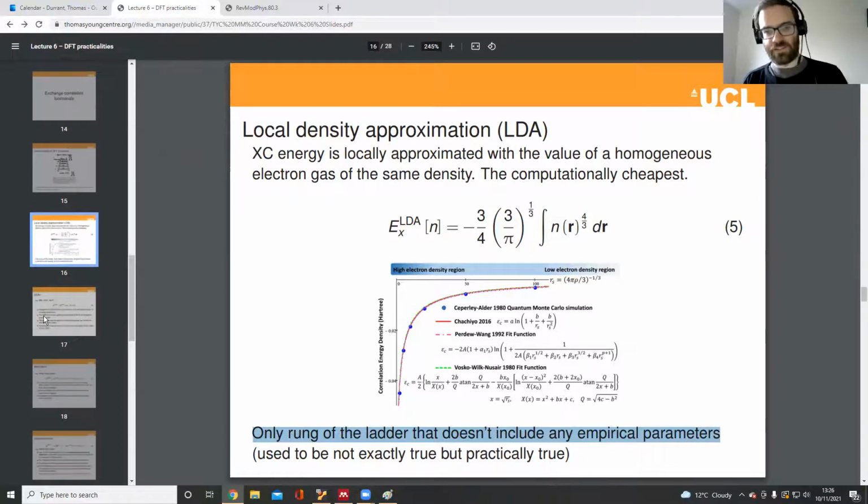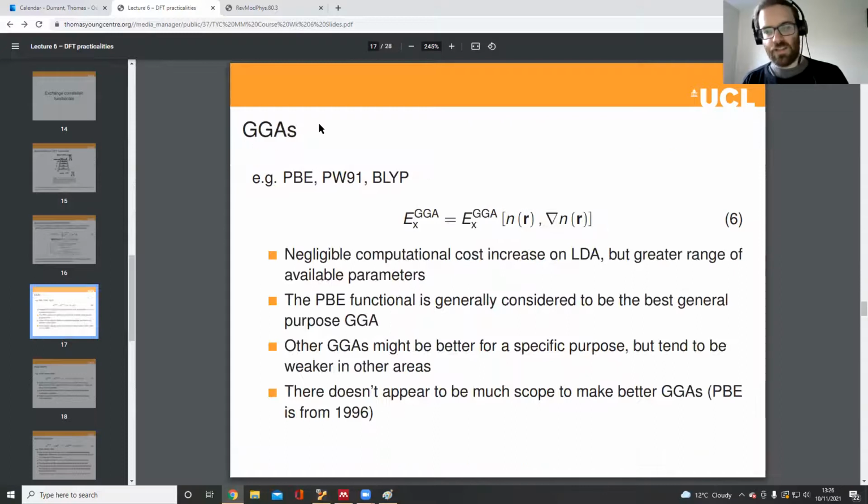If we want to make more sophisticated approximations, then we start having to introduce empirical parameters to some extent, where we can make different choices. And now we have families of approximations rather than just one. So the next step up is these generalized gradient approximations, where it's a functional not just of the local density, but the local derivative of the density.